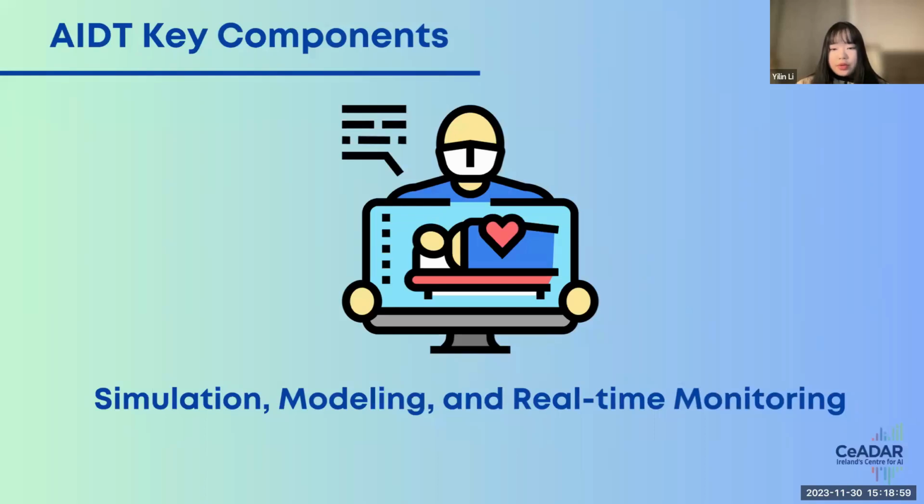This includes the use of statistical and mechanistic modeling based on the collected data. For example, the model can simulate the impact of different medications on the patient's heart health, predicting the potential outcome and helping to develop a personalized treatment plan.